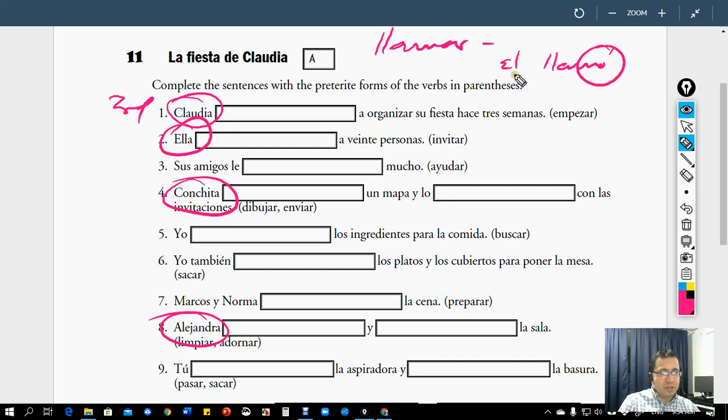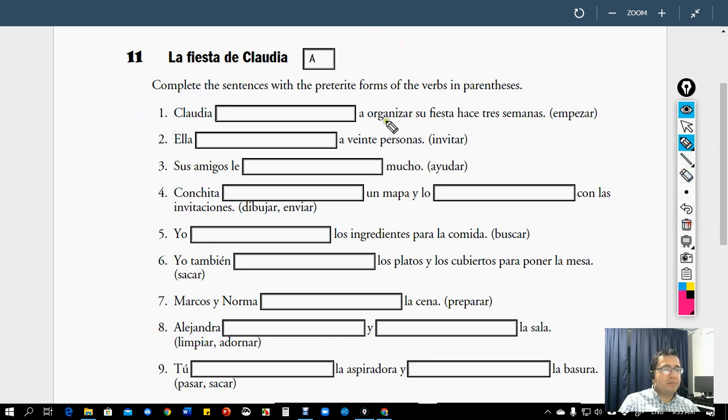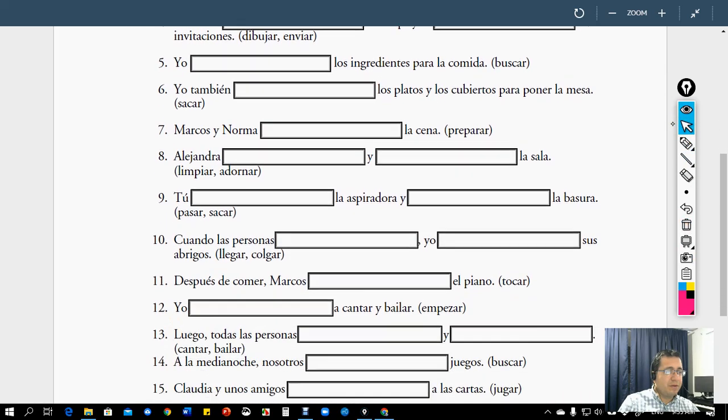So all the third persons in past tense are going to finish with o. So Claudia empezó, because third person. Ella what? Invitó. Conchita dibujó and enviar, envió.